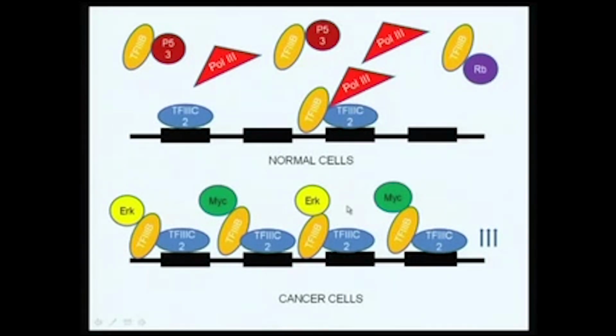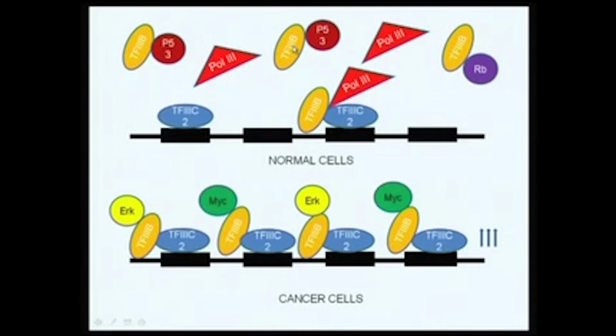Okay. So you can see in the normal cells, when the growth has to be regulated, tumor suppressor proteins like P53 and RB interact with TF3B and make it unavailable for tRNA gene transcription, and therefore tRNA gene transcription proceeds at a very slow pace. Whereas when cells become cancerous, because of mutations in P53 or RB, these mutant proteins cannot interact with TF3B.